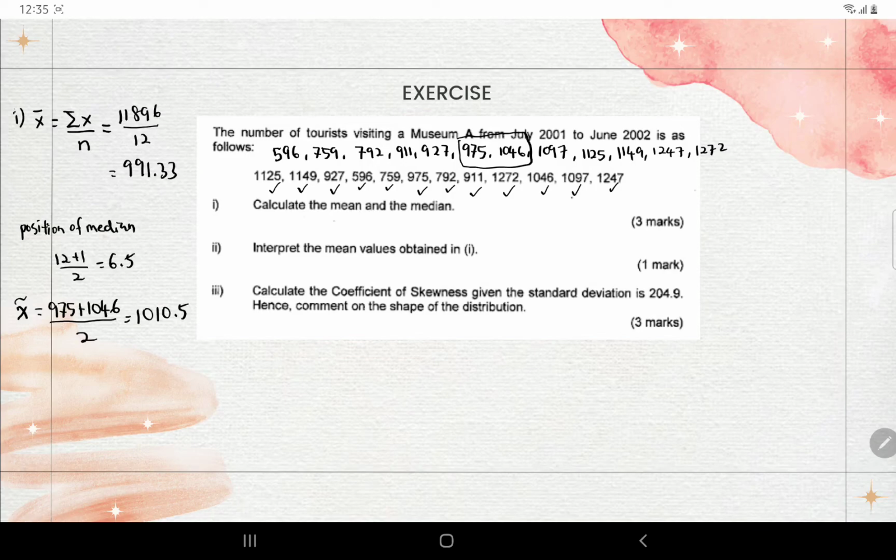So that's our median. And then for the second question, we need to interpret the mean value obtained in question 1.